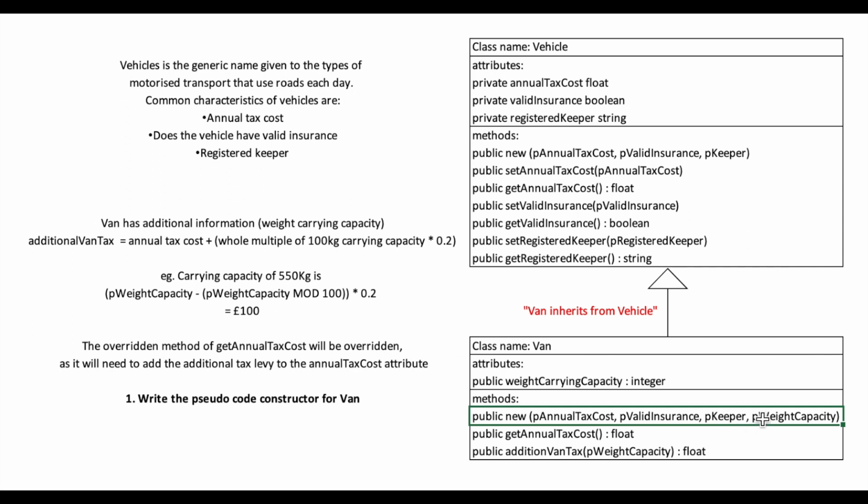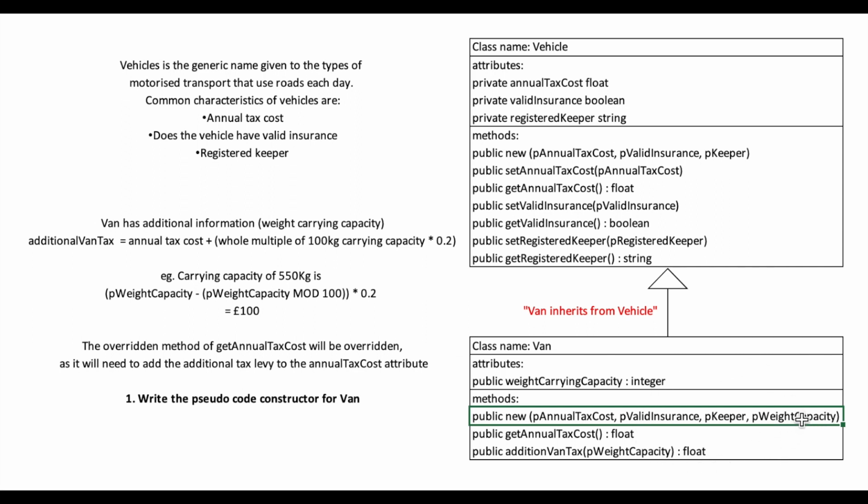But we will also be passing in this additional parameter of weight capacity, and that will then be used by the constructor of the van to initialize the attribute weight carrying capacity. So pupils must remember to keep the order of the inherited parameters from the parent class, add on the parameters where required for the child class.